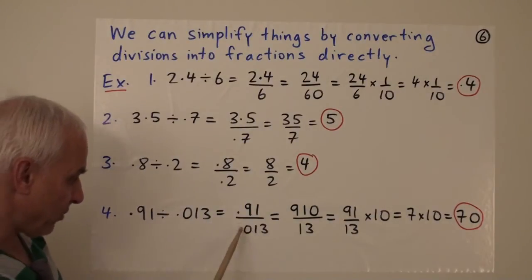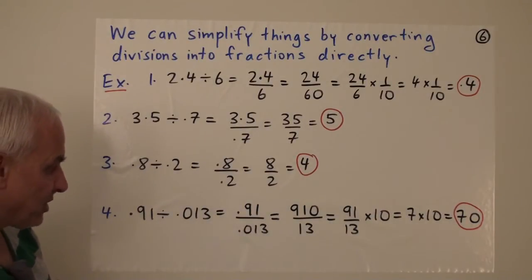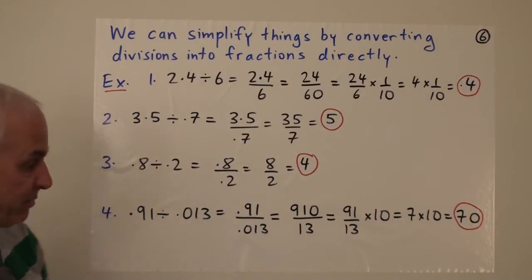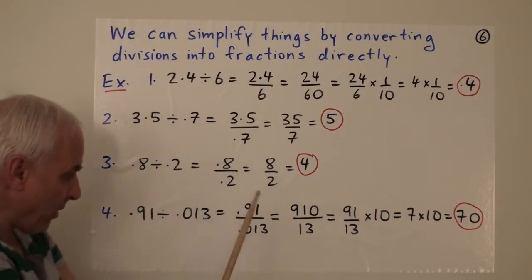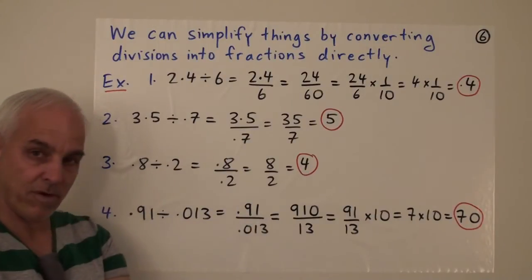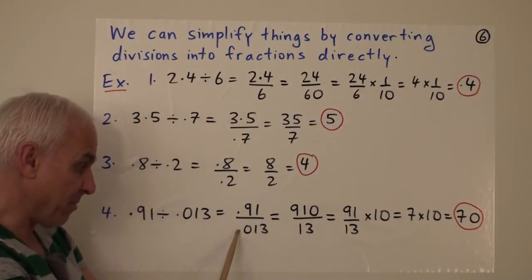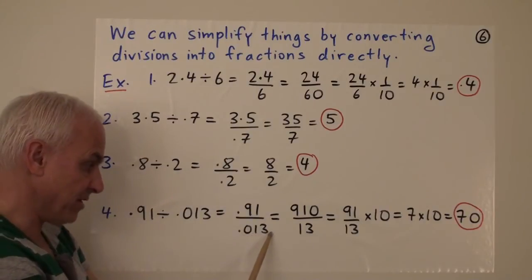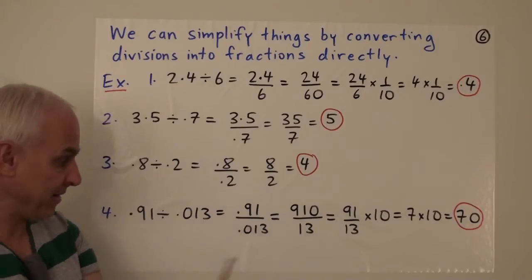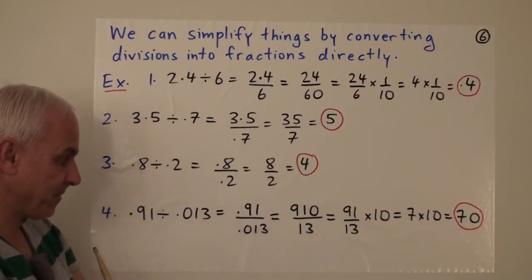And we have to think, well, what power of 10 do we need to use in order that there are no longer any decimals in the expression? Well, we would have to multiply this top one by 100 to move the decimal place over. We would have to multiply the bottom one by 1,000 to get the decimal place over to the right.